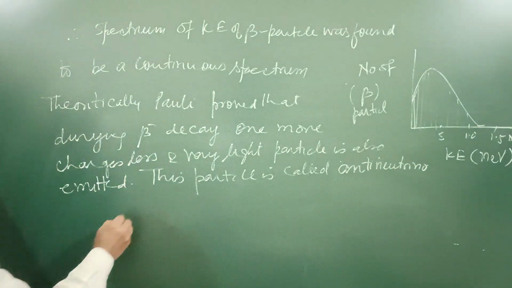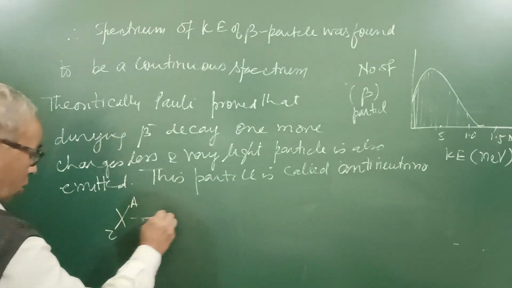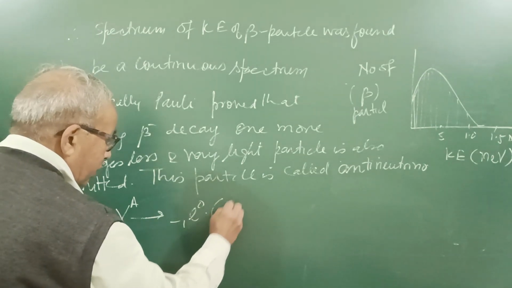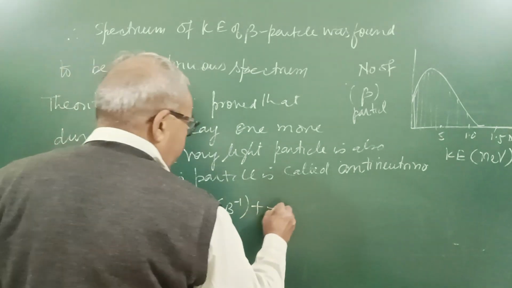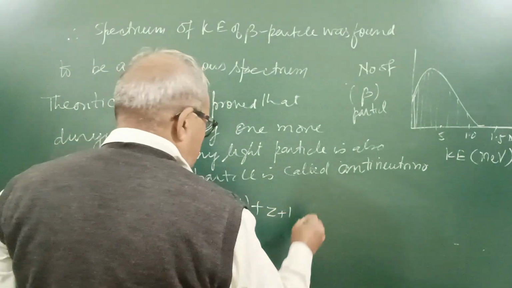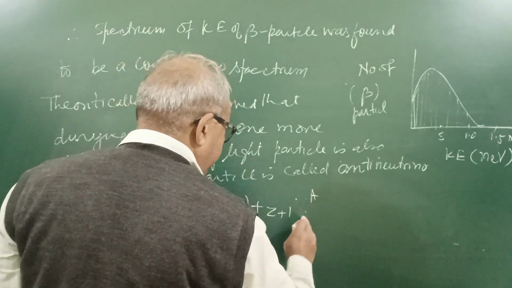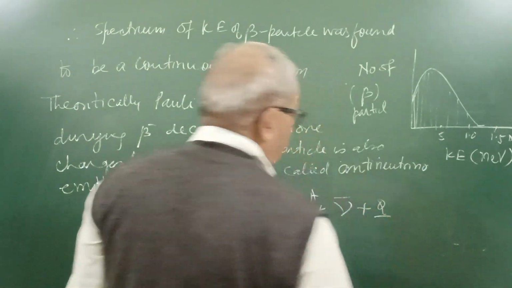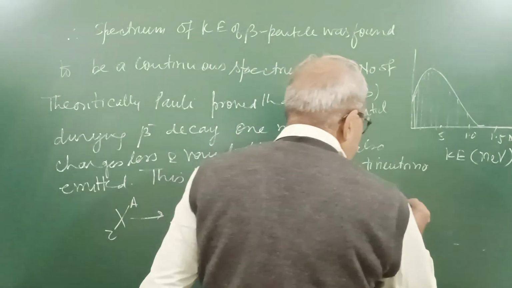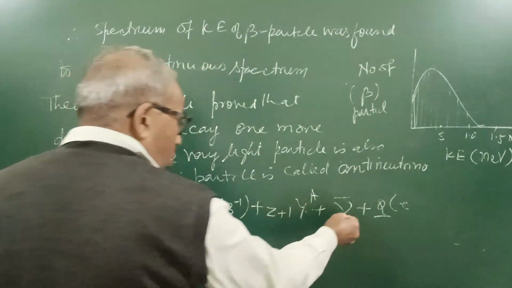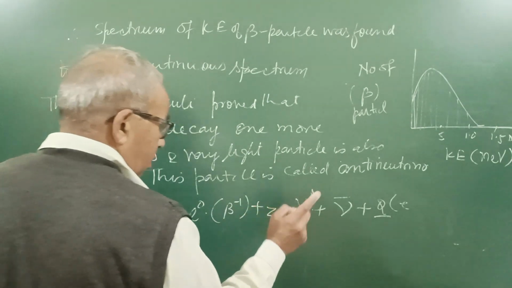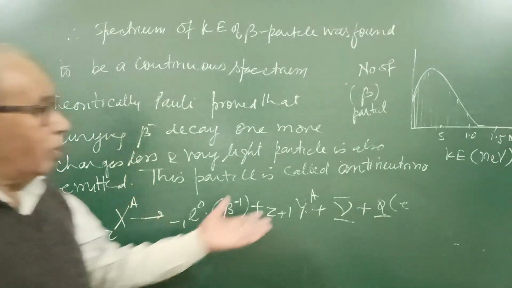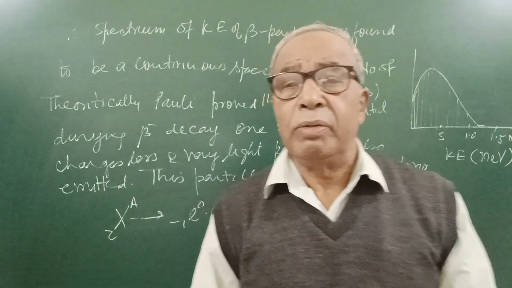So the equation is like that: ZXA gives -1e0 or beta minus, plus Z+1 YA, plus antineutrino, plus Q. This energy Q is shared between all these three: the beta particle, the daughter nucleus and the antineutrino, and that is why this spectrum is continuous.